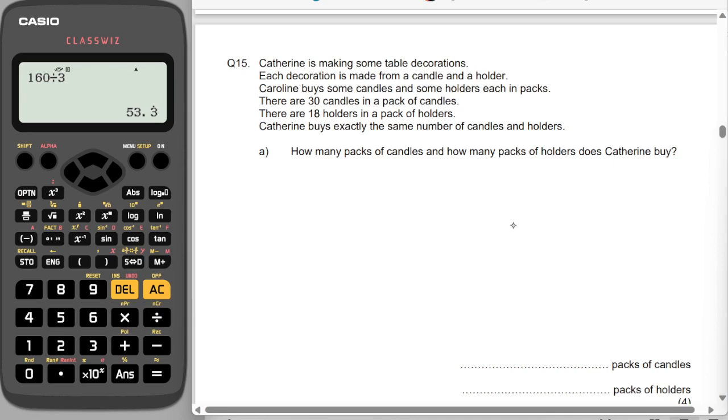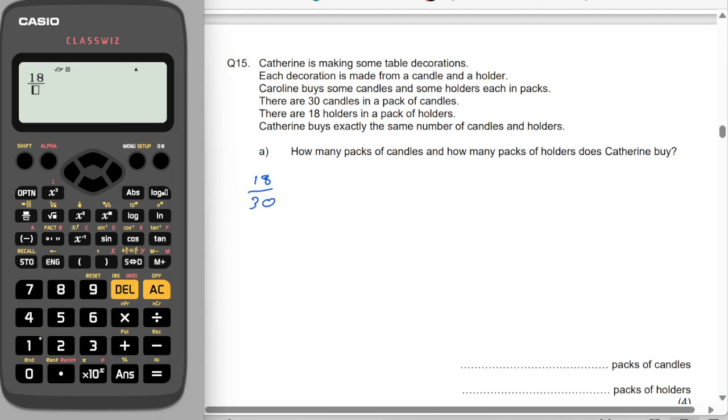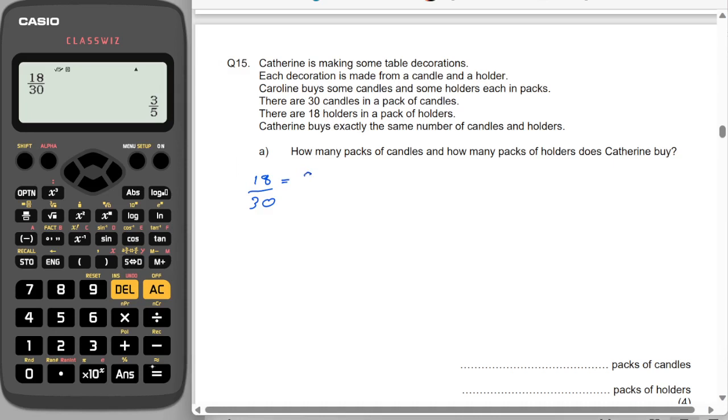So the first thing I'm going to do is work out the lowest common multiple. Now that we're on a calculator paper, so we've sat paper 1 and paper 2, I'm more than happy with just using a shorthand version to find the lowest common multiple. So the lowest common multiple of those numbers is going to be equal to either 18 times 5, or it's going to be the same value, 30 times 3, so it's going to be 90. Either way around. So I'm going to buy 90 of the candles and 90 of the holders.